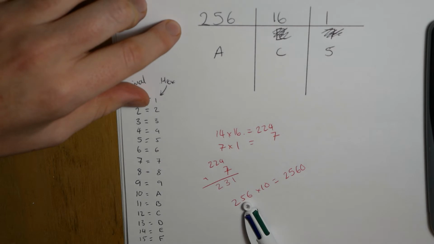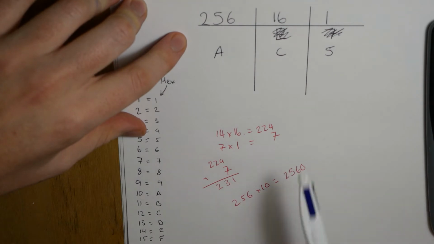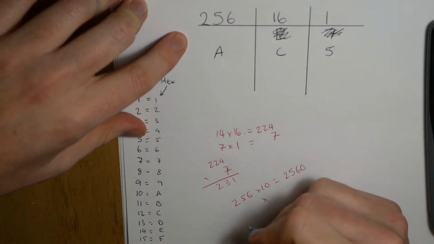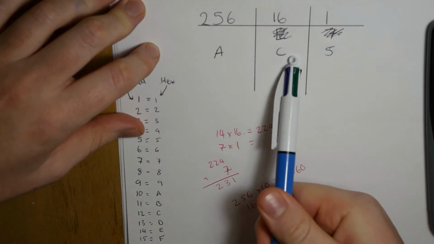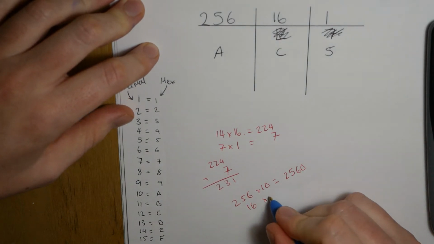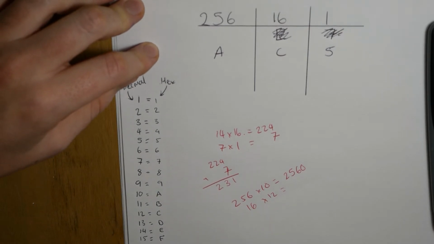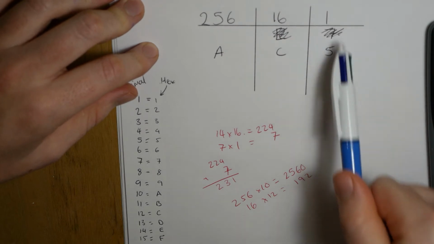You're just timesing it there in the conversion to get that. Then for the next column, this one is 16 times C. C is 12, so 16 times 12 is 192, and then this last one we've got 1 times 5.